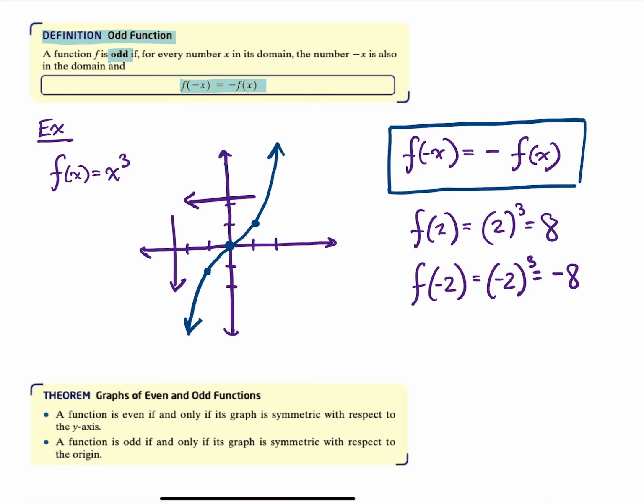So imagine taking that part of the parabola, flipping it over that way, so it looks something like this, and then flipping it across the x-axis, and then we get that downward shape. So it's symmetric about the origin. Odd functions are symmetric about the origin.